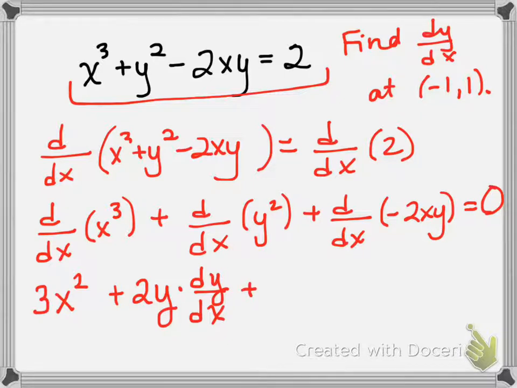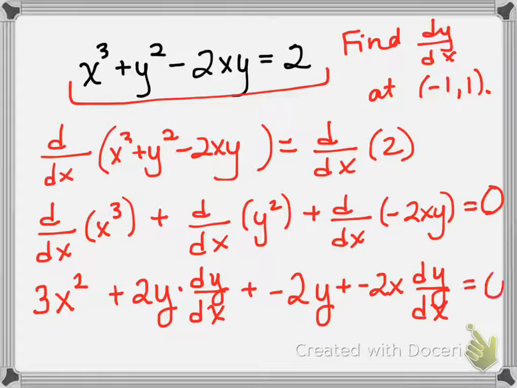And now we have the derivative of negative 2xy with respect to x. Here we have a product, so we need to use the product rule. We take the derivative of negative 2x first, so we get negative 2 times y, plus, now we leave negative 2x alone and take the derivative of y with respect to x. So we get dy dx, and that equals 0.